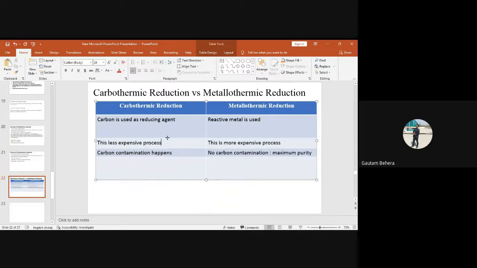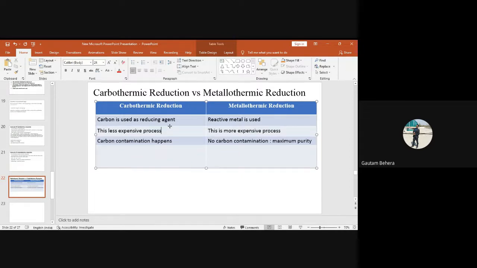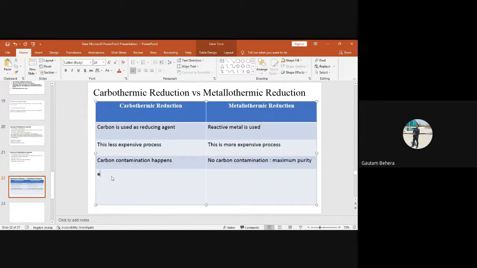If we want to write the reactions with an example, I can write the production of pig iron, that is iron, lead, tin, zinc. And for metallothermic reductions, an example is thermite welding.